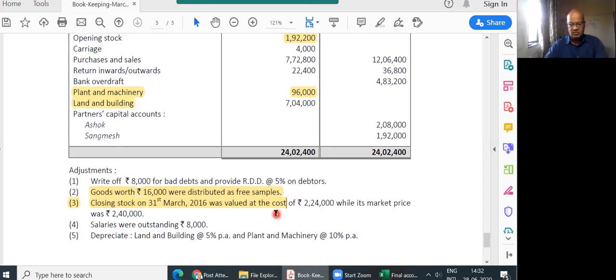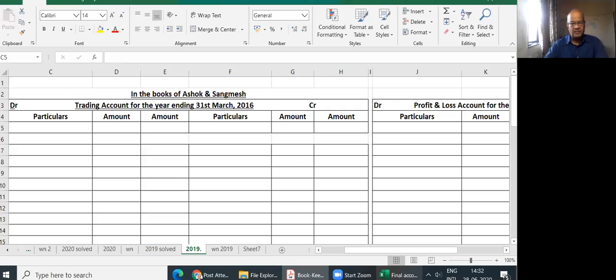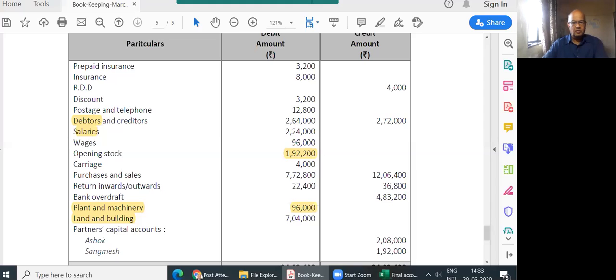Okay, now we start doing the sum. Let us take each and every item one by one. Prepaid insurance will directly go in the balance sheet assets.